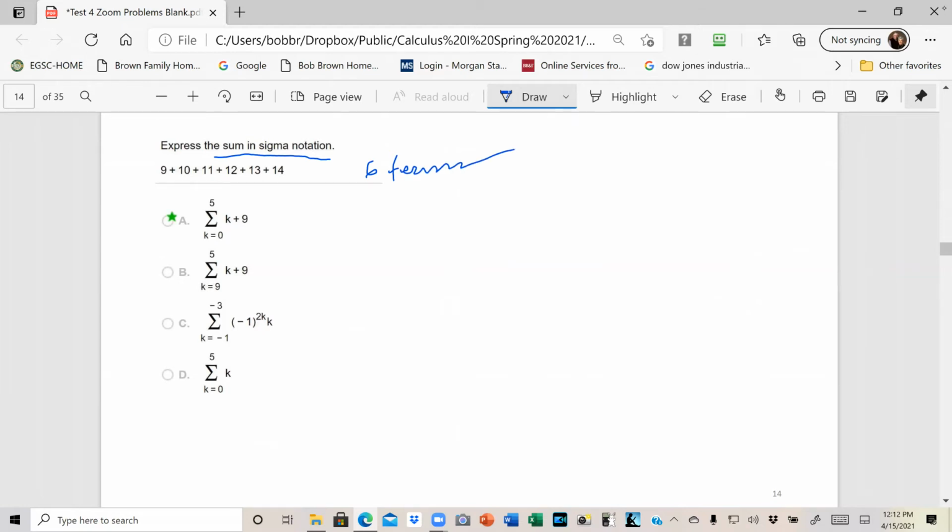And you want to pick out which one of these summation notations equals that. Notice that for the first one, this does have 6 terms, so it's a candidate. Look at the last one, it's got 6 terms, so it's a candidate. Now this one has only 5 terms. It's not going to be it.